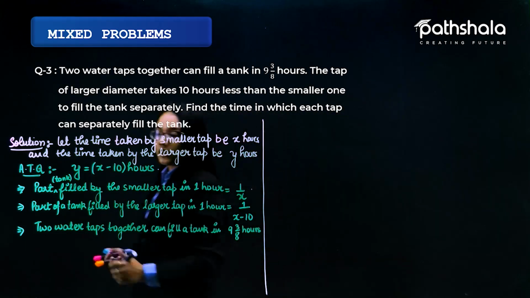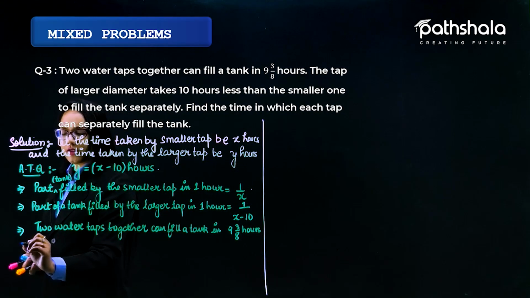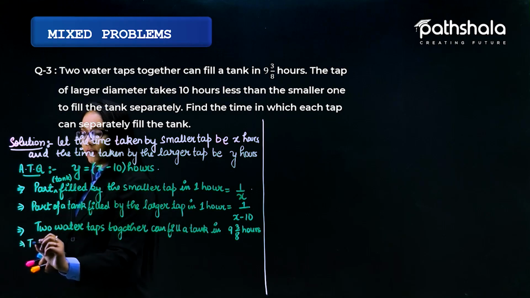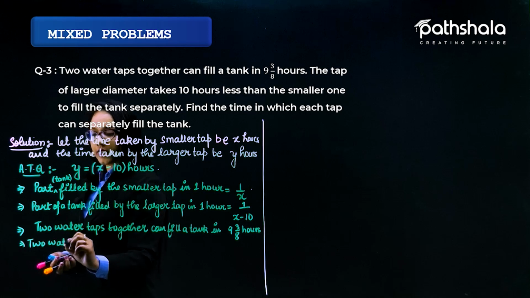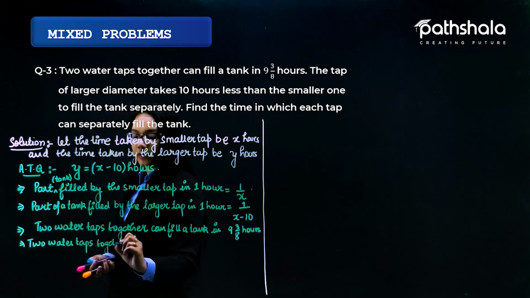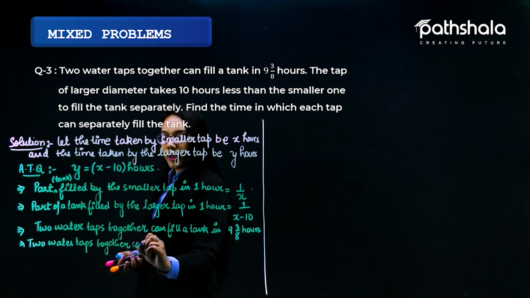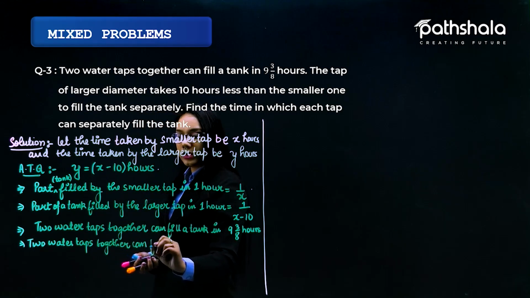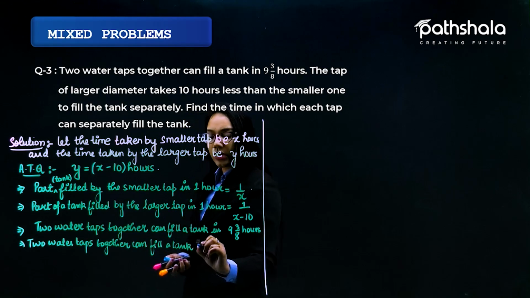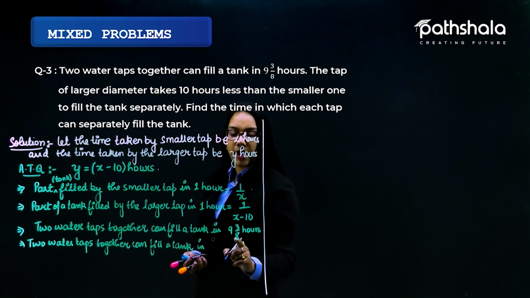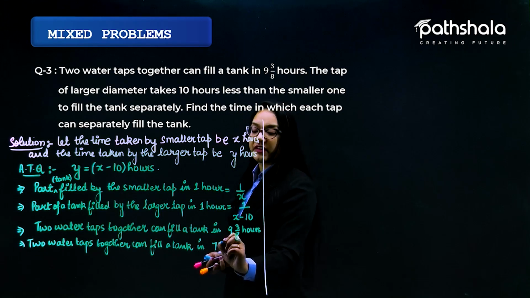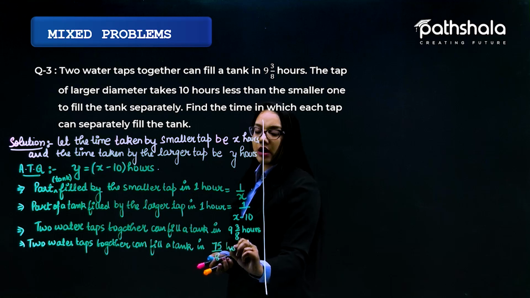Let me solve this 9 3 by 8 first. So again we can say the two water taps together can fill a tank in 9 3 by 8, which is 9 into 8 is 72, 72 plus 3 is nothing but 75 by 8 hours.